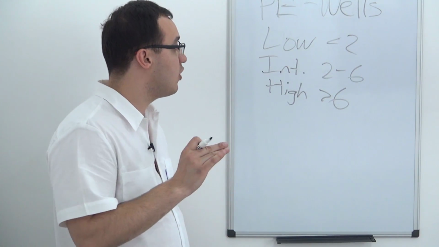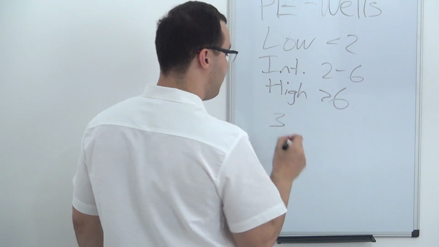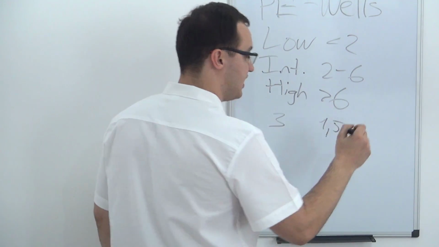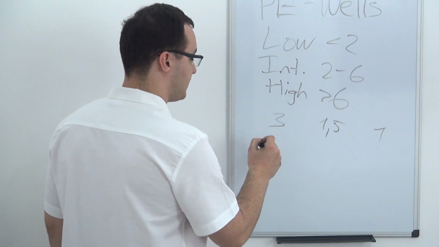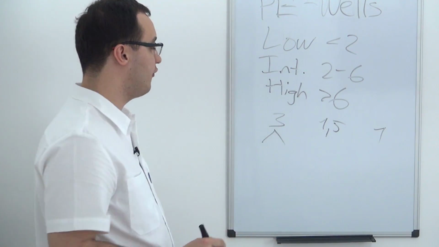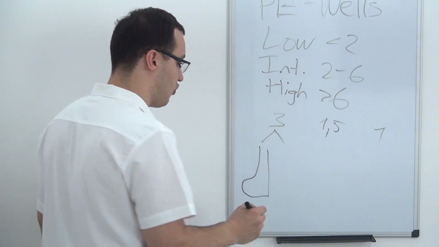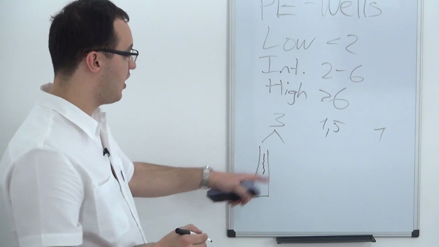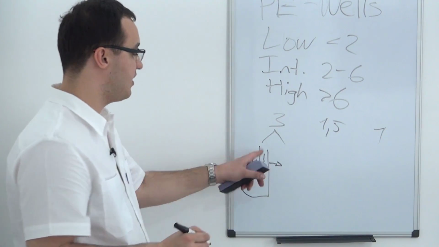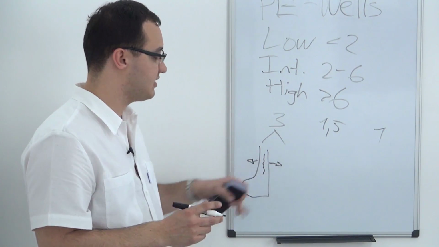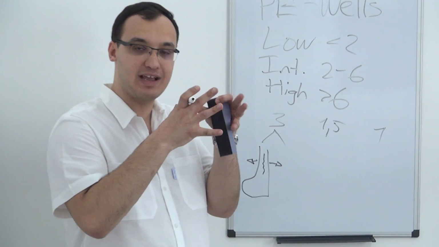So what we will do now is to explain what we mean by these scores. So for example, we can give 3 points, we can give 1.5 points, and we can give 1 point for different types of patients. If you, for example, have a deep vein thrombosis, so I will draw a leg here, we have a vein here, and we have thrombosis of the leg, deep vein thrombosis of the leg, which means that the legs are getting swollen, and it's very painful when I compress the leg.